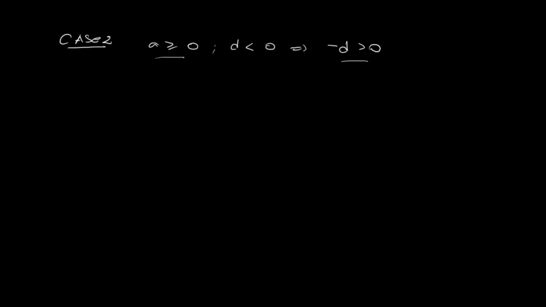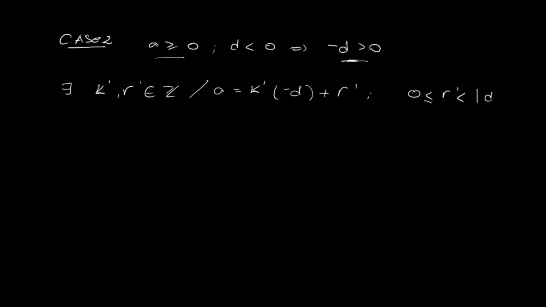We know that there exist k prime and r prime, two integers, such that A equals k prime times the positive divisor minus d plus r prime, with r prime a number that's between 0 and the absolute value of d.